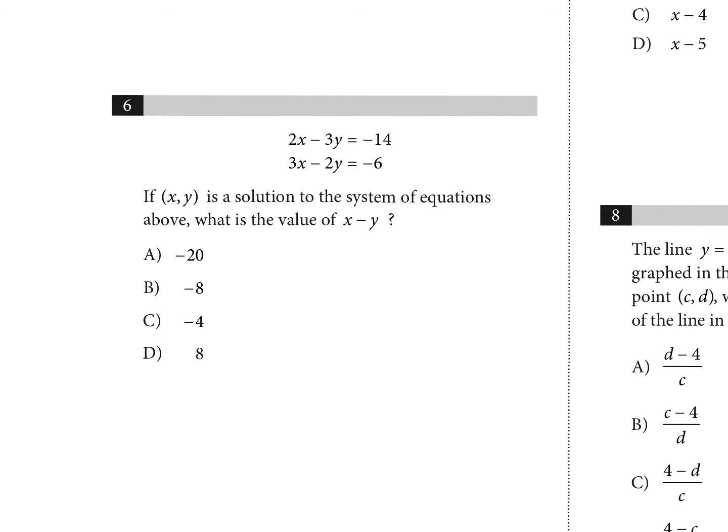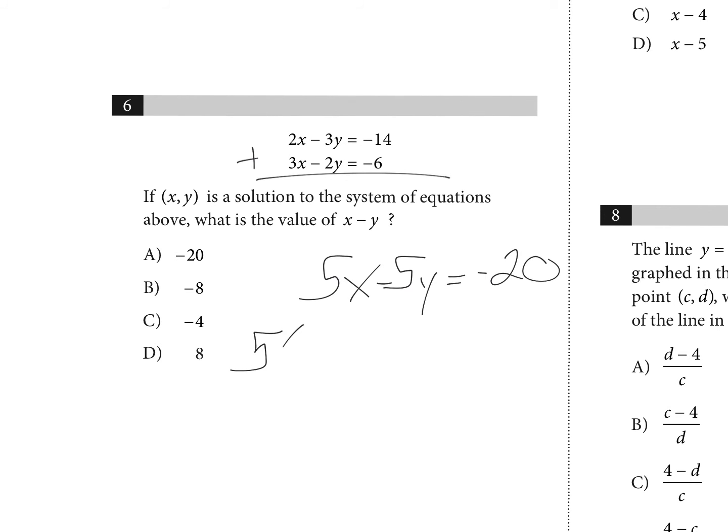What you can do is this: stack these, and then in our case, let's add them, because I don't want a negative because this x here is positive. So 5x minus 5y equals negative 20. Well, that's looking friendly, because I'm going to take out a 5, and I'm feeling good about that decision because I'm done. x minus y is negative 4.